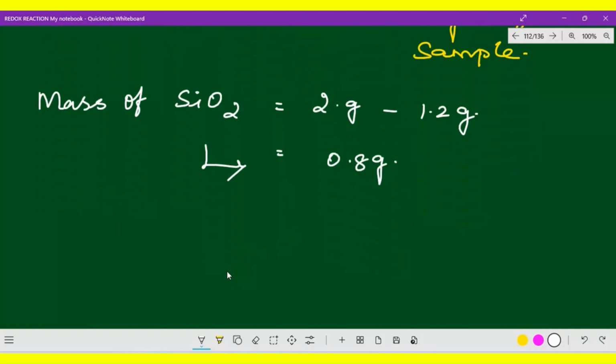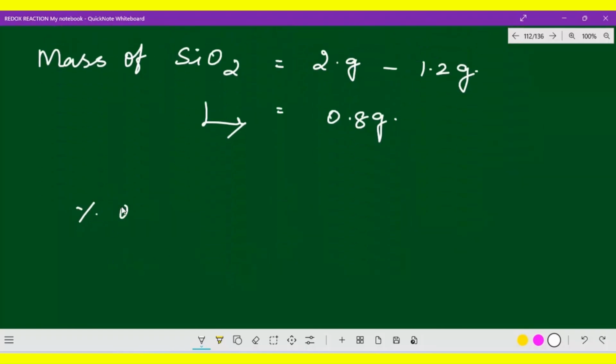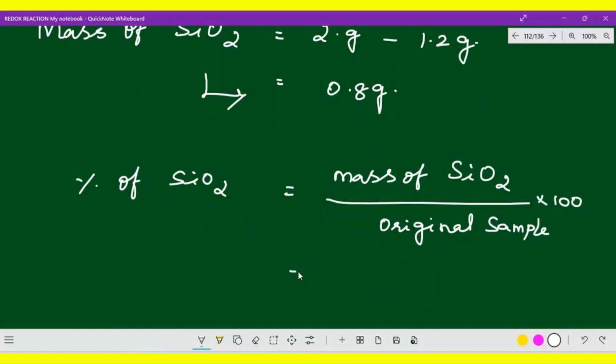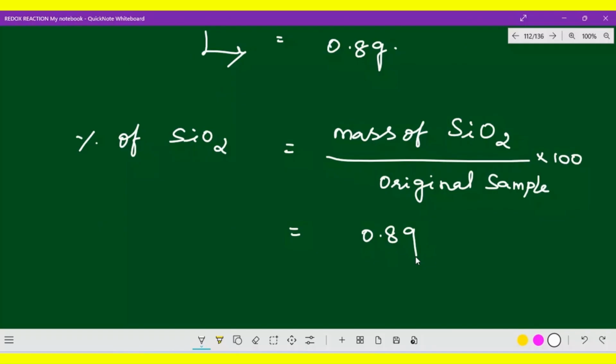Now the percentage of silicon dioxide, how do we identify it? The percentage of silicon dioxide is the mass of silicon dioxide, which we just calculated, divided by the original sample, into 100. So the mass of silicon dioxide is 0.8 gram divided by 2 gram into 100.